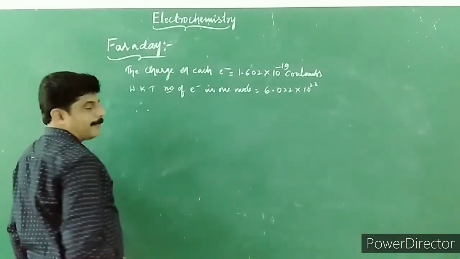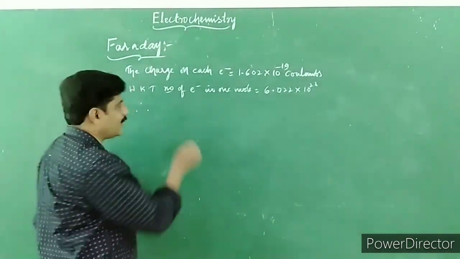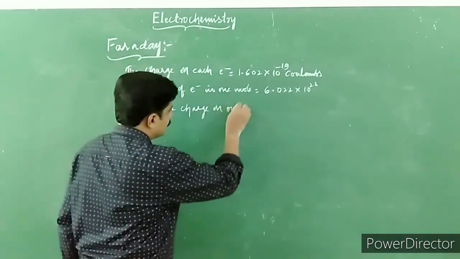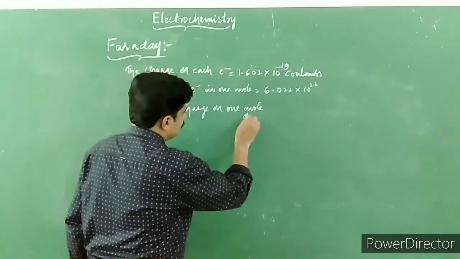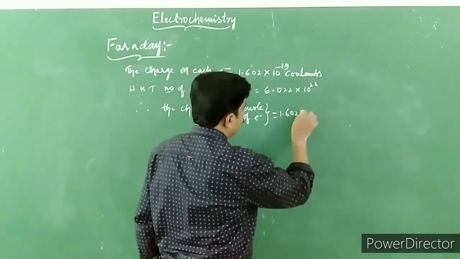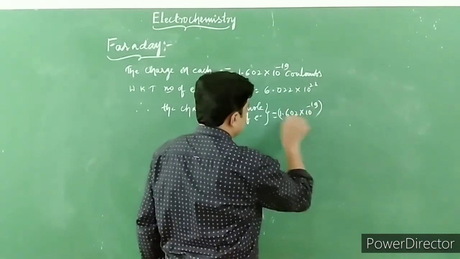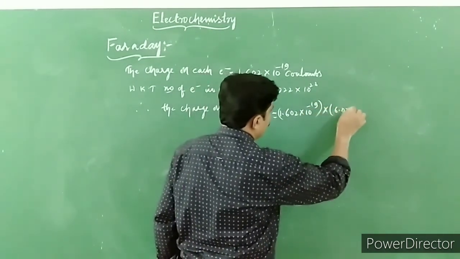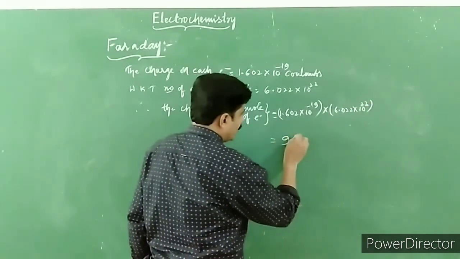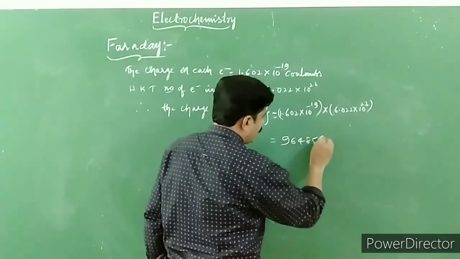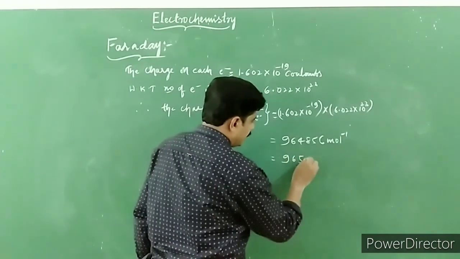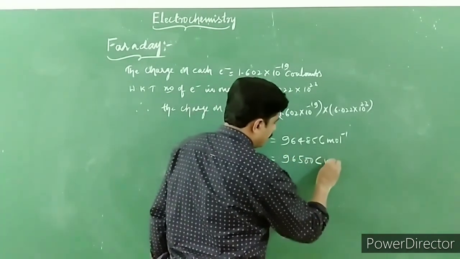Therefore, the charge on 1 mole of electrons is equal to 1.602 into 10 to the power of minus 19 into 6.022 into 10 to the power of 23. If you simplify this, you are going to get 96,485 coulombs per mole, or you can simplify that to 96,500 coulombs per mole.